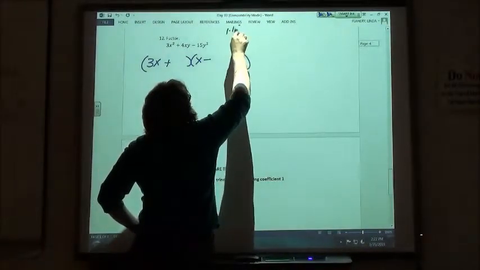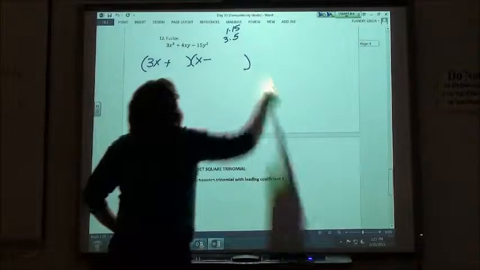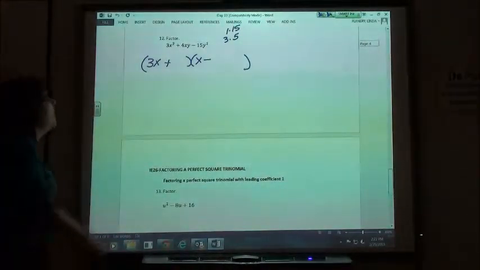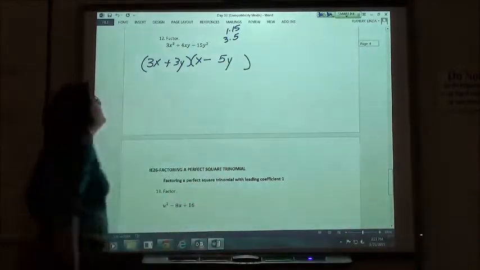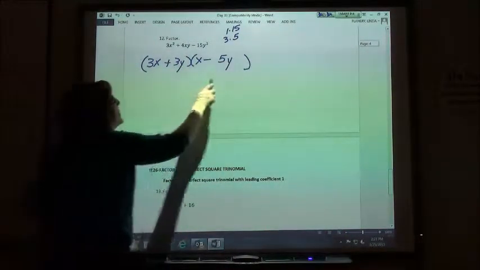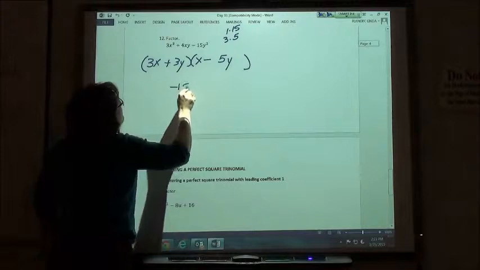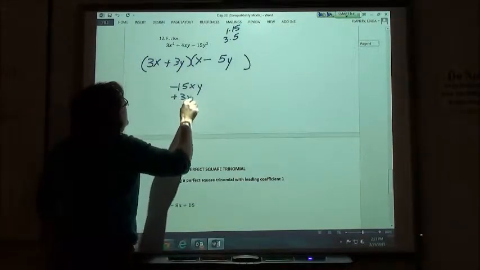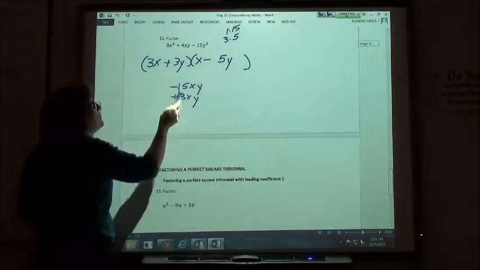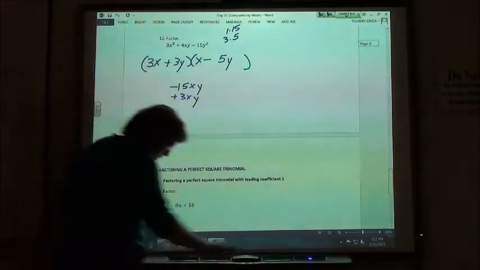Well, 15 is 1 times 15 or 3 times 5. Trying the 3 times 5 first, I'm going to put 3y and 5y, and then I'm going to check. 3x times negative 5y would be negative 15xy. 3y times x is a positive 3xy, and a negative 15 plus 3 is not 4.